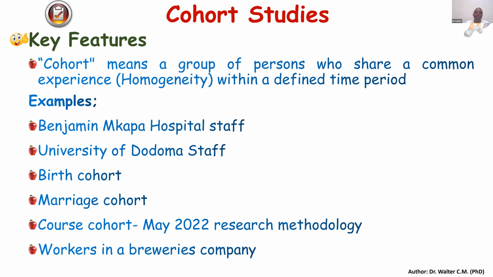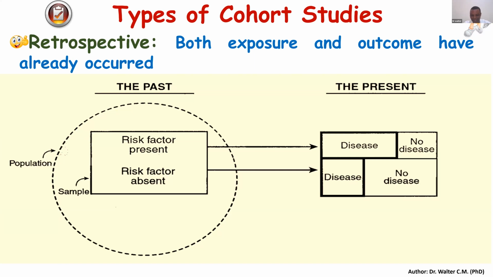And what united them to be a group is marital status. So we can call them a cohort of married people. Being married is the one that leads us to term you a cohort of married people. So a cohort is a group that shares similar characteristics or a group which is guided by a common standard or culture. This is a cohort. The only thing is they must share similar characteristics.